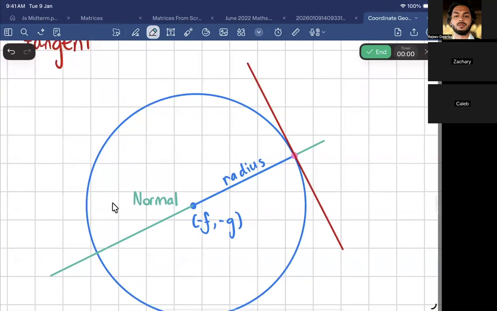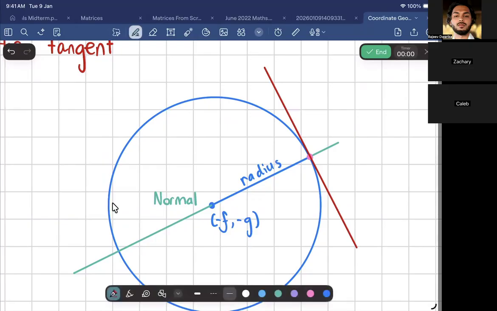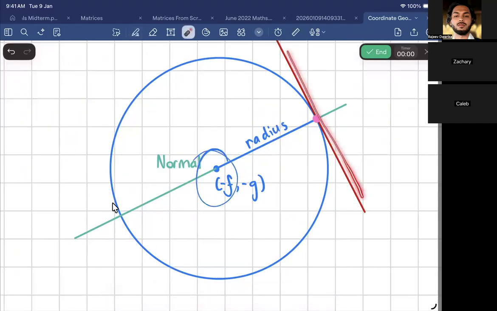But watch this. Could the center work for this? Does the center lie on the red line? No, sir. This is the center over here, and this is your line. Does the center lie on the tangent?